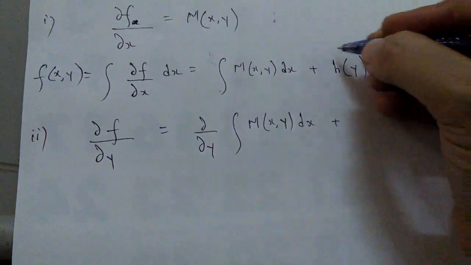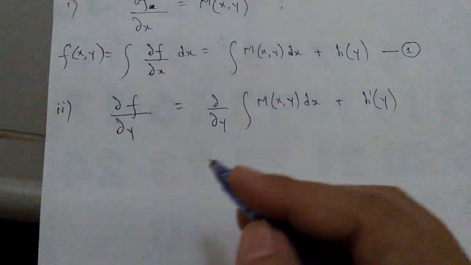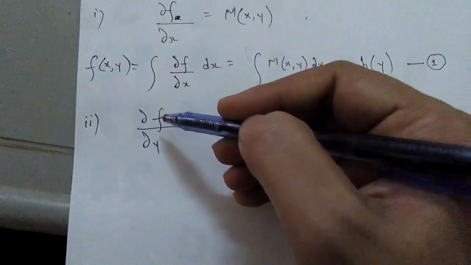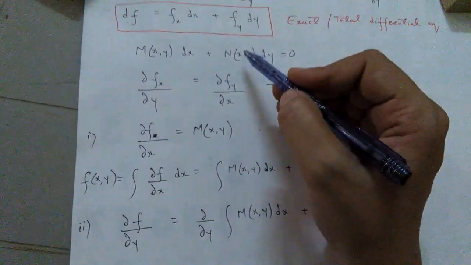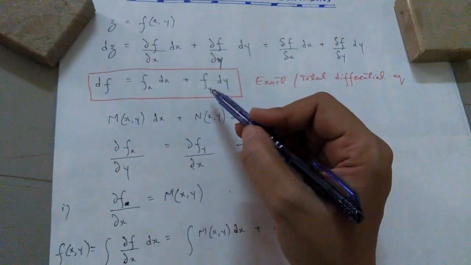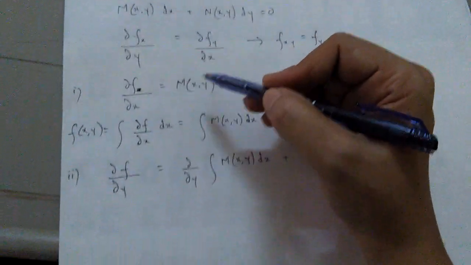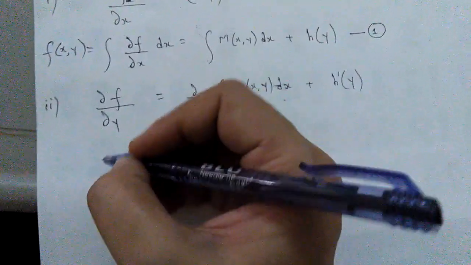You just differentiate this thing, you're going to get some h prime of y, and we know that this f of y is actually our N, so it means this is our N.